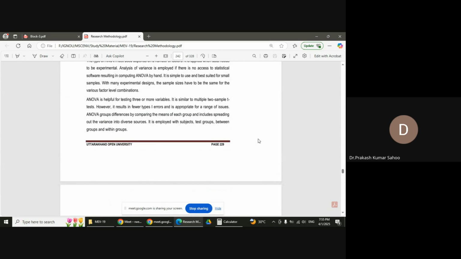ANOVA is helpful for testing three or more variables. It is similar to multiple two-sample t-tests. It results in fewer type 1 errors and is appropriate for a range of issues.